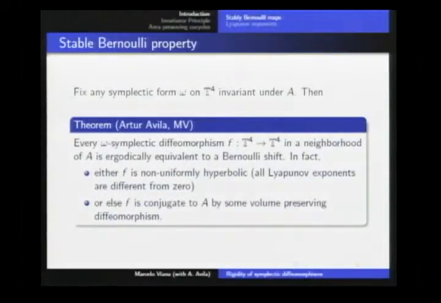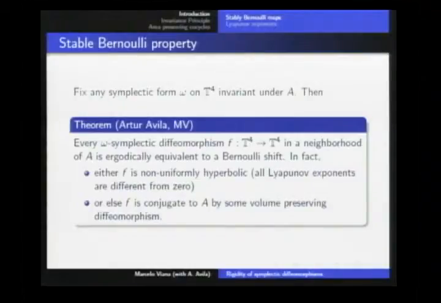And then the theorem says that every diffeomorphism F close to A, which is symplectic with respect to this symplectic form, is equivalent to a Bernoulli shift. So every symplectic perturbation of A is Bernoulli.